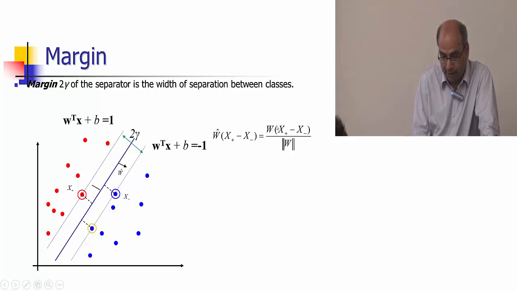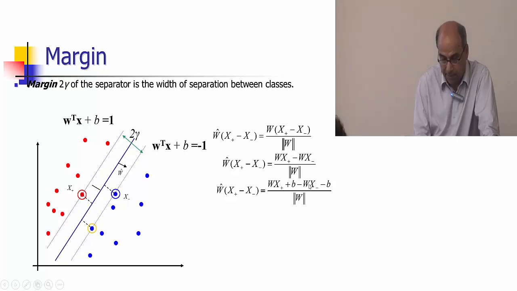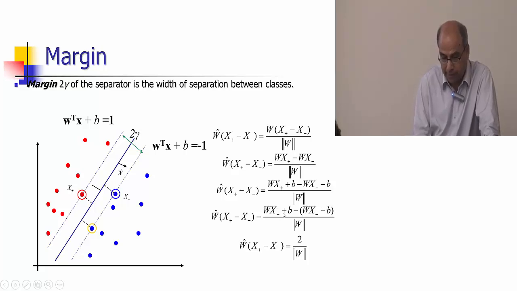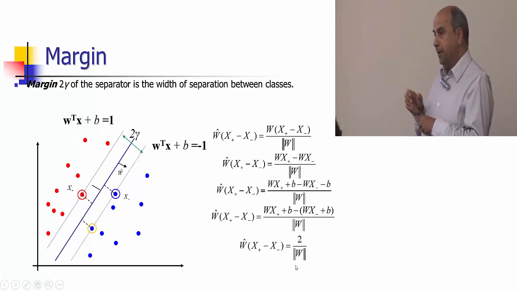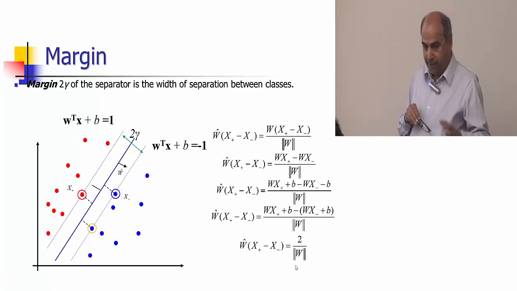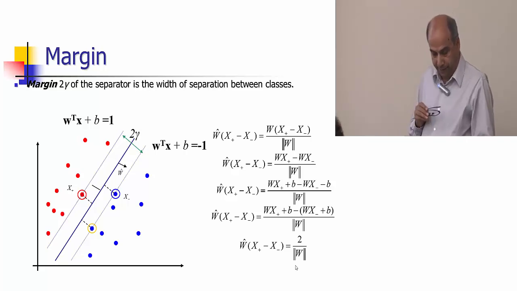It's the same thing. This is the definition of the unit vector, and then we open this up, and again we add plus b minus b, and rearrange this. We take the minus out here, so it becomes wx minus plus b, and we know that this is 1 and this is minus 1, so it becomes 2, so 2 upon the norm of w, which means that the width of this margin is 2 upon the norm of w. W is the normal of the plane or line which is going through that. So that is going to be very crucial. We are going to use that.